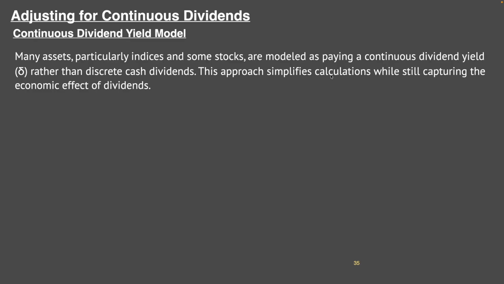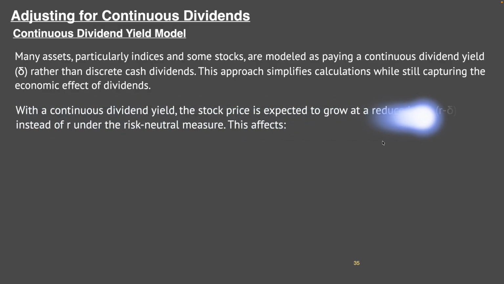So we know if we say the dividend yield of a stock is delta, this will be a continuous factor because we are expressing it in terms of a percentage rather than in terms of a discrete amount.